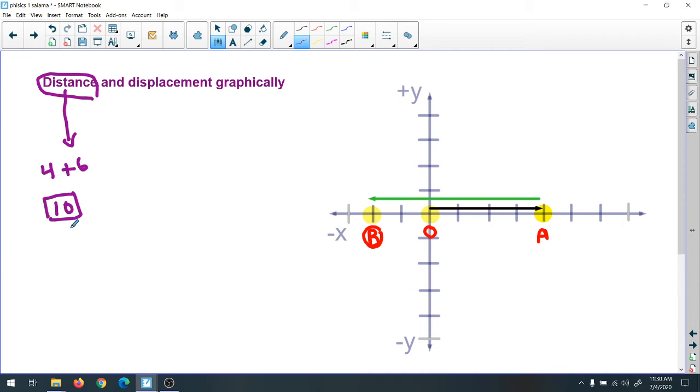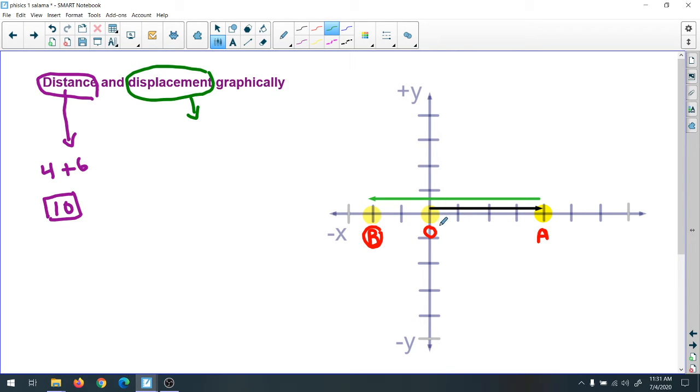This is the distance. But when you go over displacement, it will be different. Displacement: we start from O, go to A in the positive direction.